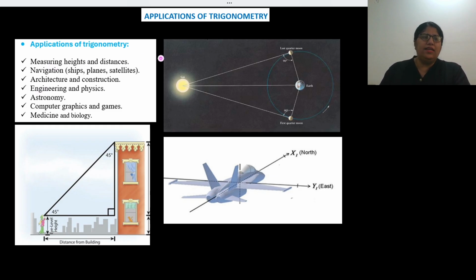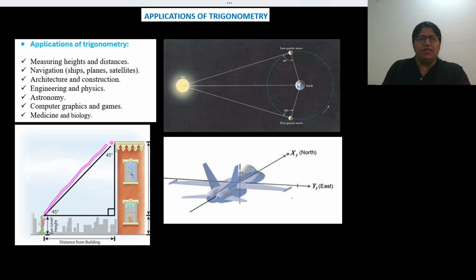If you see here, it's already listed: to calculate height and distance. How can we say that? Now if you see in this figure, one person is standing here, and this is the building opposite to him. From here, if he sees the top of the building, this is called the line of sight, because he is seeing the top of the building from the eyes.